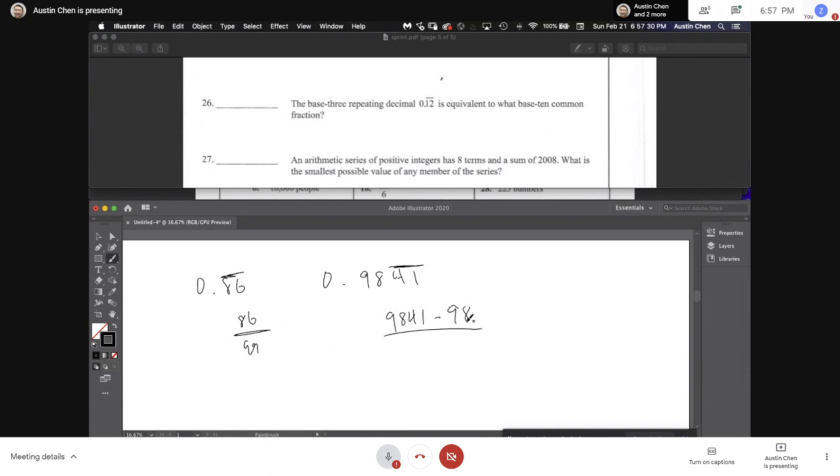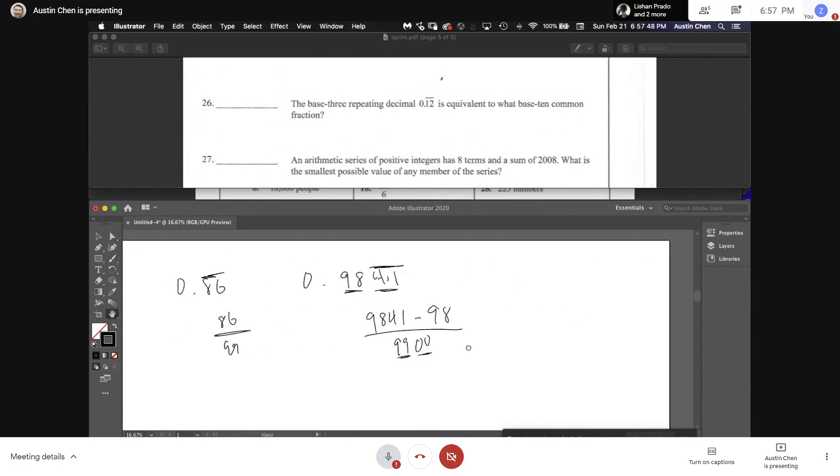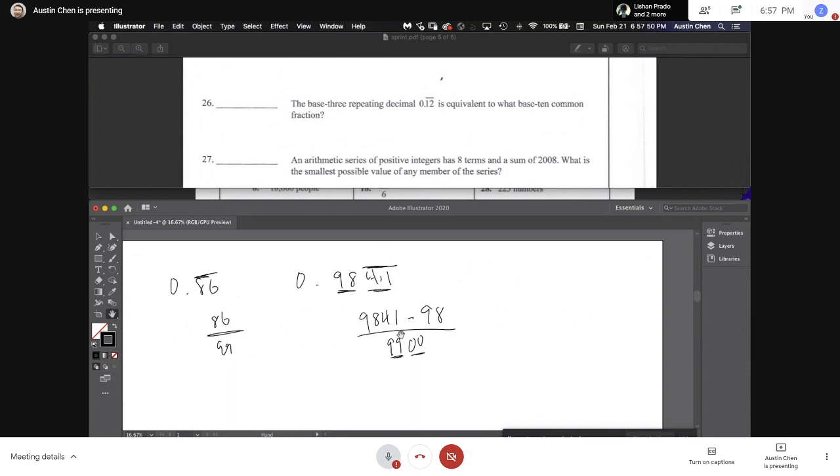We're gonna subtract that, and we're gonna put this over the number of nines equal to the number of digits that are repeating. So 2 nines for 2 digits that are repeating, and then we're going to add 2 zeros for the digits that are not repeating. So then this expression in base 10 would equal this stuff over 9900.